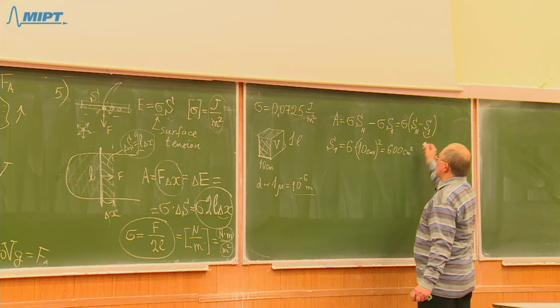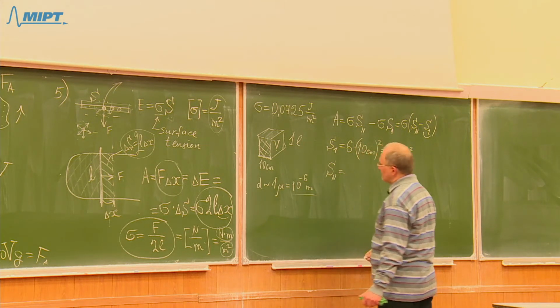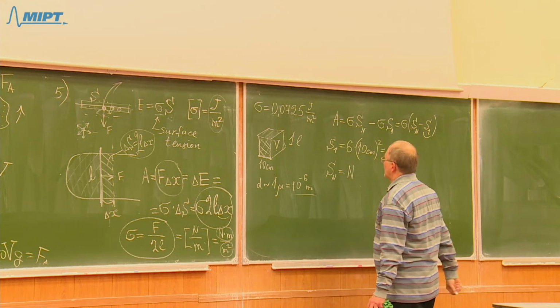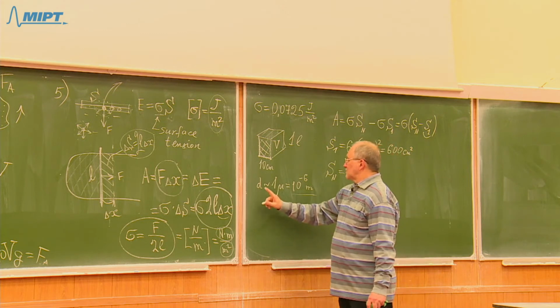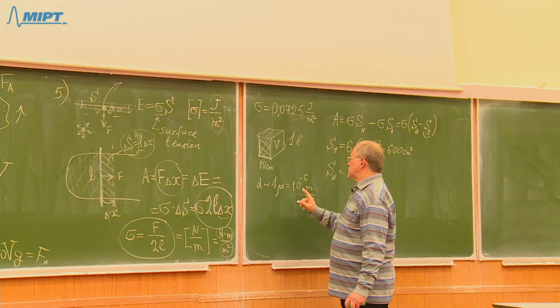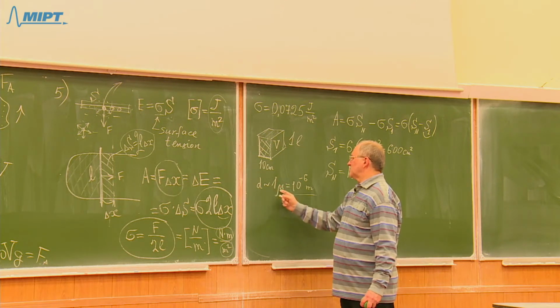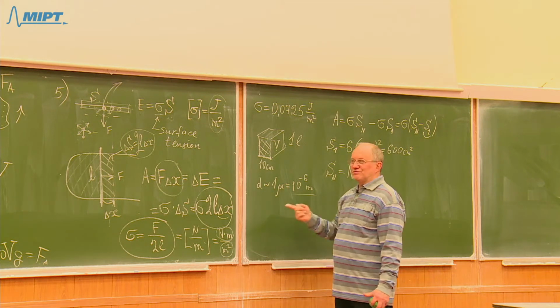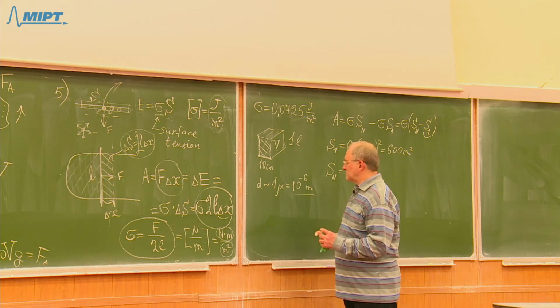So now we have to calculate the final surface area of n droplets. That will be the number of droplets times the surface area of each droplet. So what will be the surface area of each droplet? We know that the diameter of the droplet is about 1 micron. Certainly different droplets will have different dimensions.